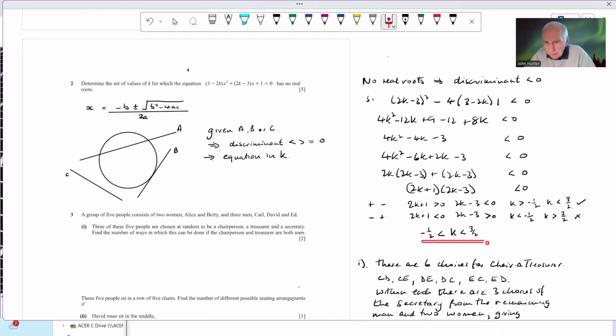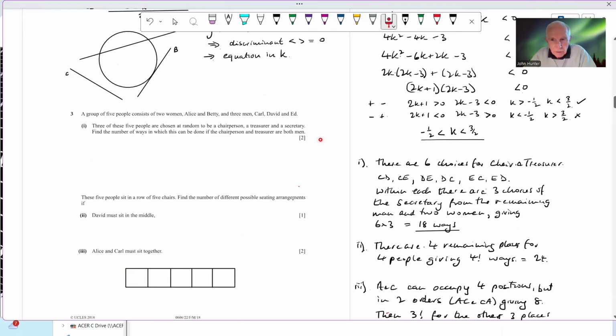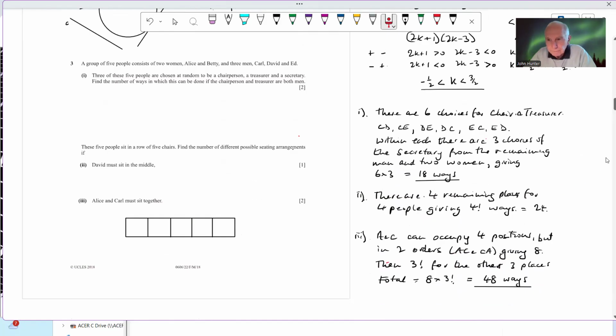So I've rewritten that there: k is between minus a half and 3 over 2, and any value of k in that range will render this as being a quadratic with no real roots. Right, okay, so that's that one.